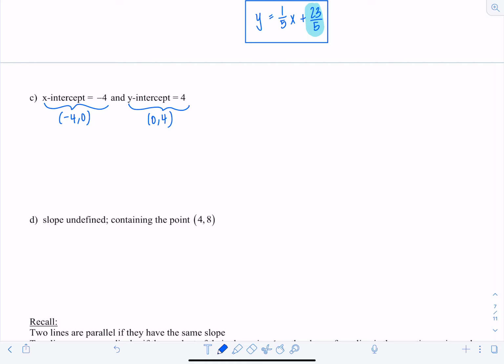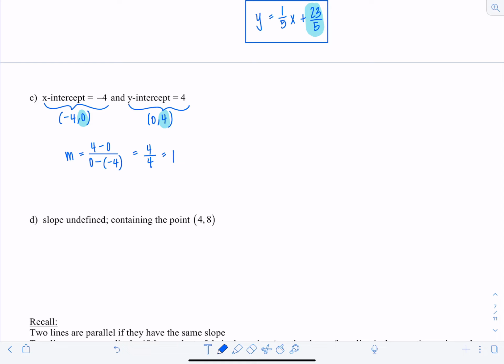So what would you do to start? Well, again, they gave us 2 points, 2 ordered pairs that are on the line. So let's go ahead and figure out what the slope is. So I'll have 4 minus 0, y2 minus y1, over x2 minus x1, so 0 minus -4, which gives me 4 over 4, which is 1.